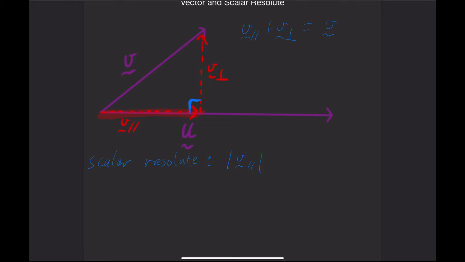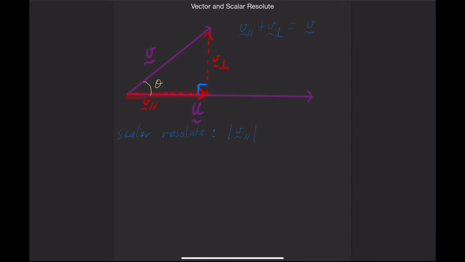So we're going to add some information here. We're going to first notice that this angle here can be called angle theta. And what you'll notice is that the cosine of theta is equal to the magnitude of that v parallel over the magnitude of v. And that comes from the adjacent over hypotenuse ratio.